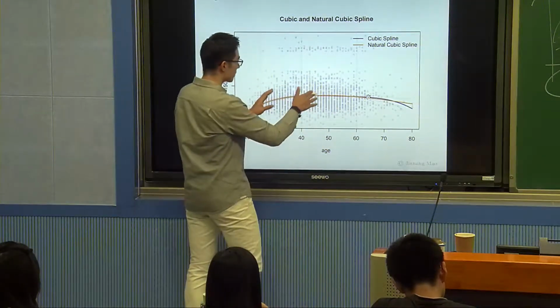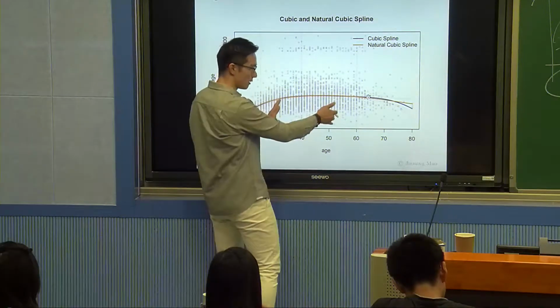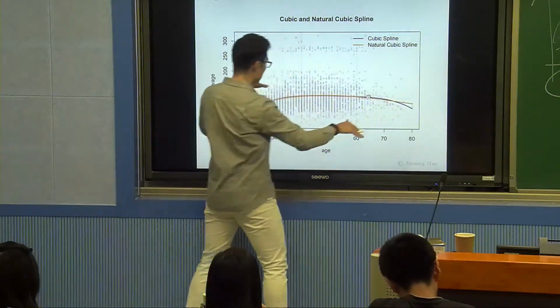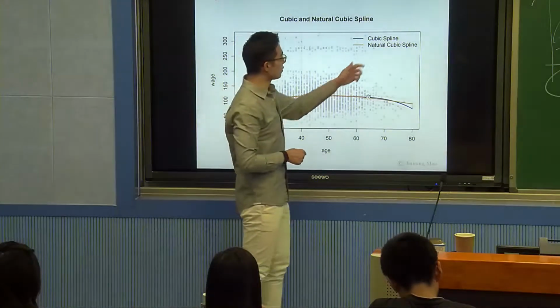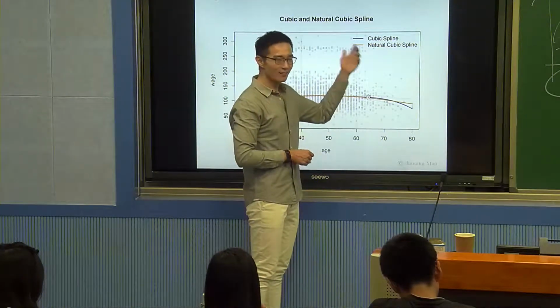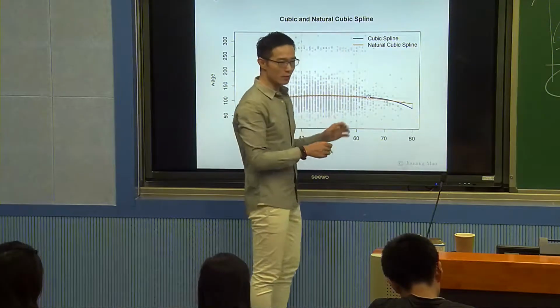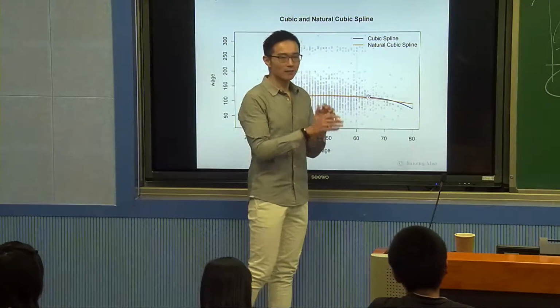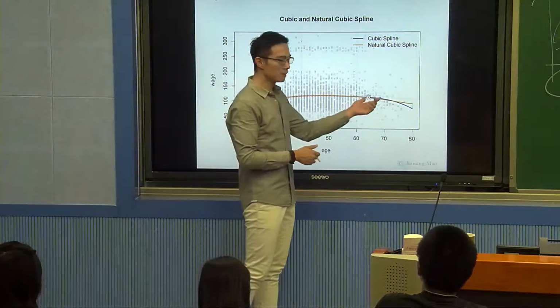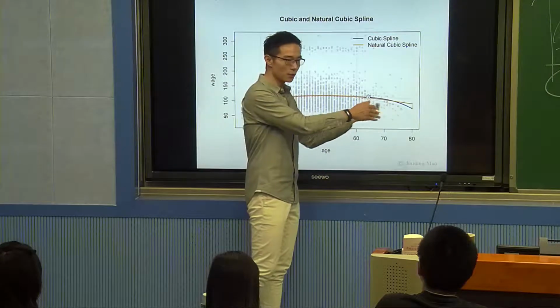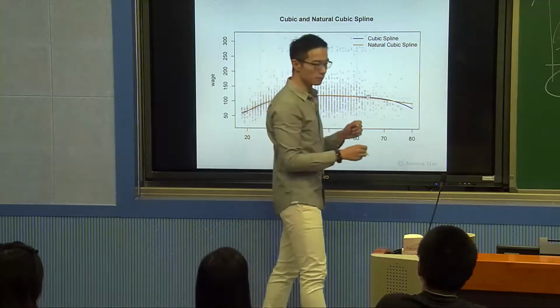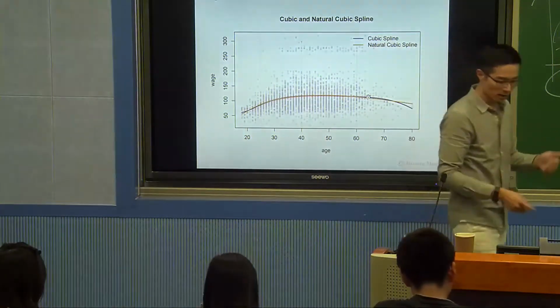If we fit a third degree spline inside, but fit a linear model at the boundary region, that's what we call a natural cubic spline. Why call it natural? I don't know. But the idea of a natural spline is replacing the high degree polynomial at the boundary with a linear model to potentially have more stable prediction outside of an observed range.